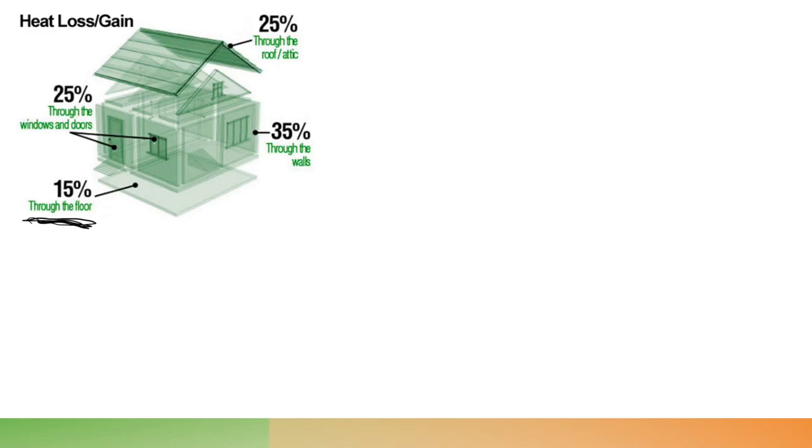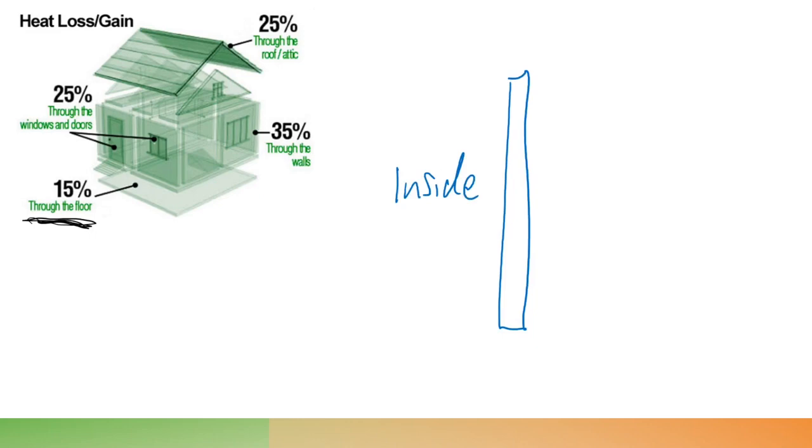So all of this, what you see here, all of that can reverse during hot summers. So let's change the ink color first. Right, let's say inside is 23 degrees centigrade, and the outside is 31 degrees.